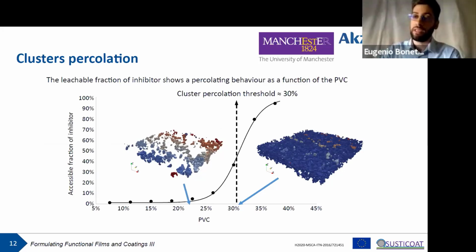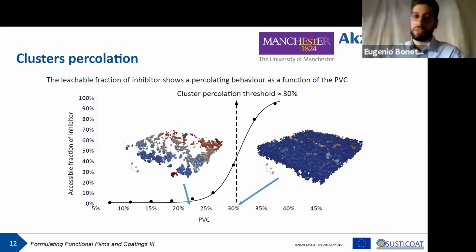In this case, with the virtual model, it is possible to measure directly the accessible fraction and show that there is this transition above a PVC value that is equivalent to a percolation threshold. So basically, above this value of PVC, there is a large cluster that spans the entire coating structure, and therefore the accessible fraction of inhibitor dramatically increases.